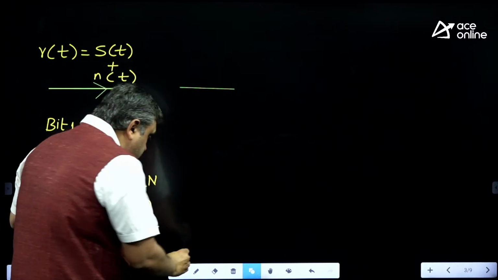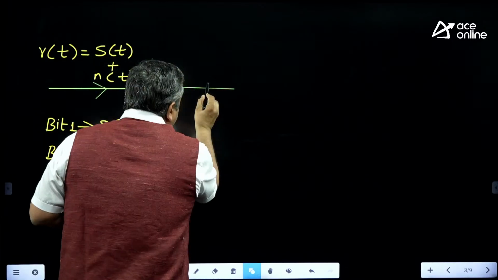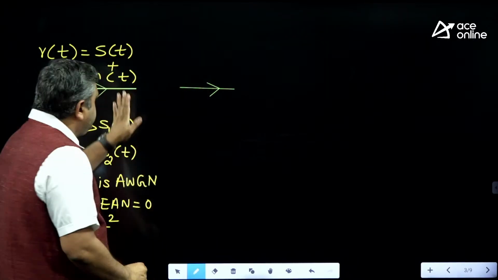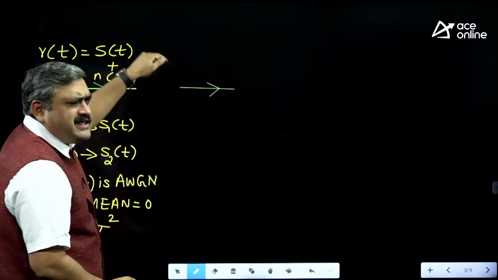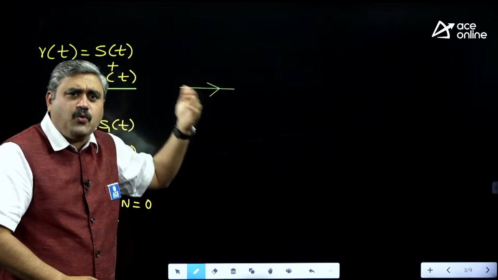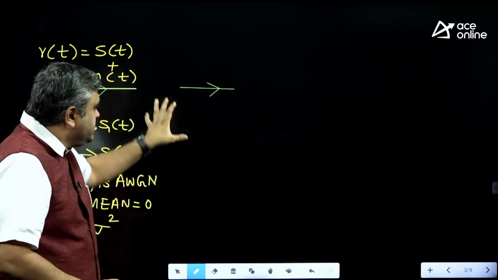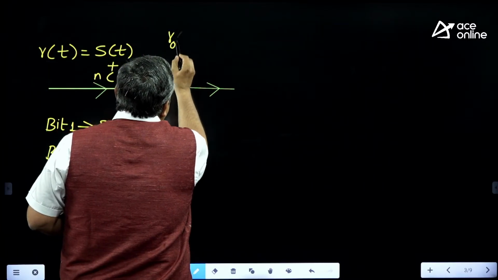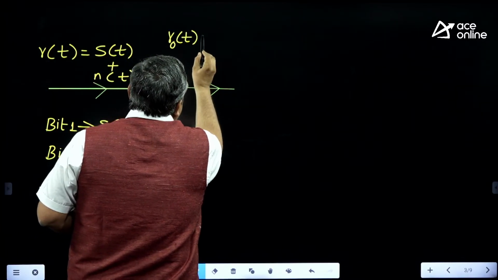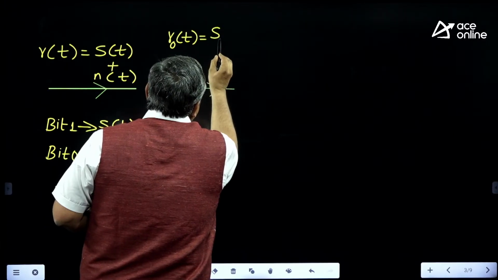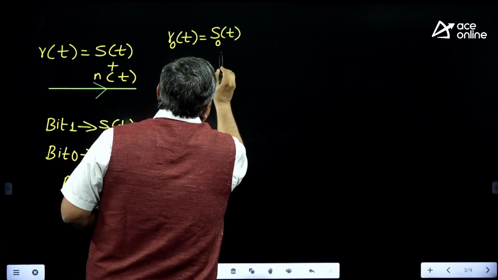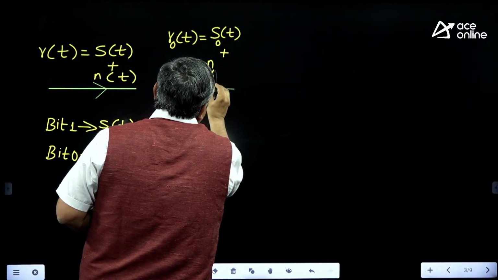So what I mean here is, once your receiver structure is completed, means there is some block here, it can be anything, synchronous detector, non-coherent detector, anything. You will get a processed signal here. Processed signal I am writing as R naught of t. So again, this is a combination of your processed signal component and processed noise component.